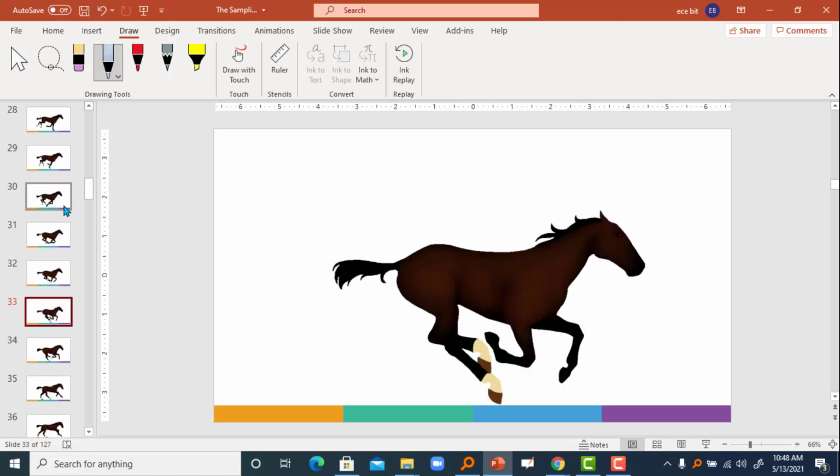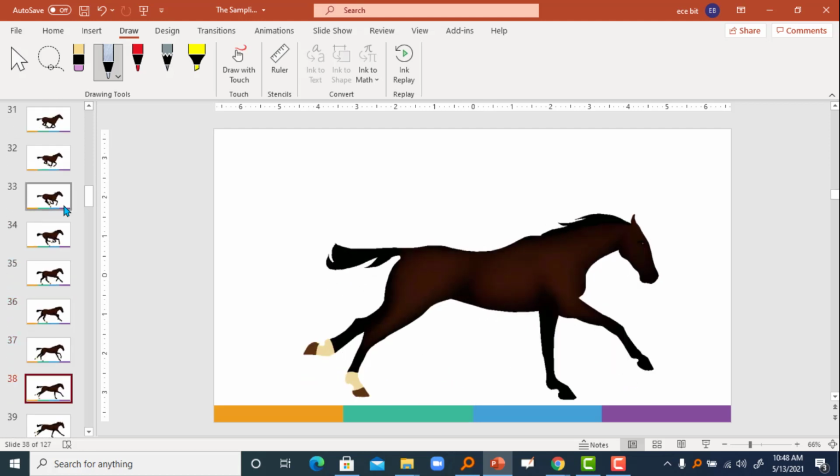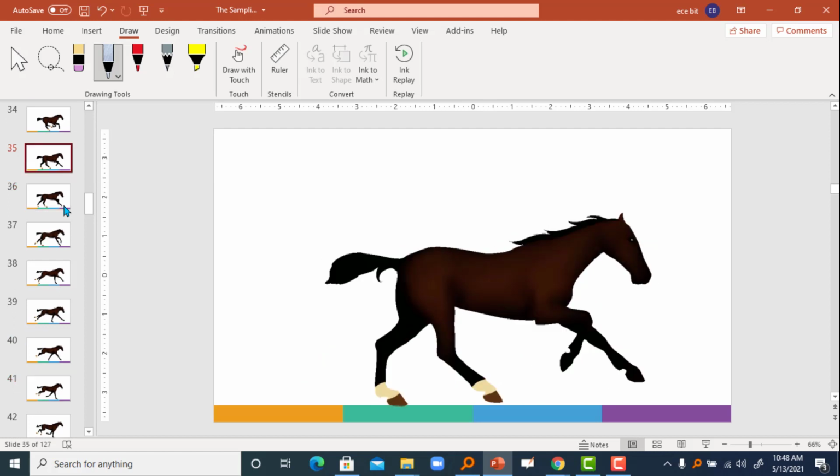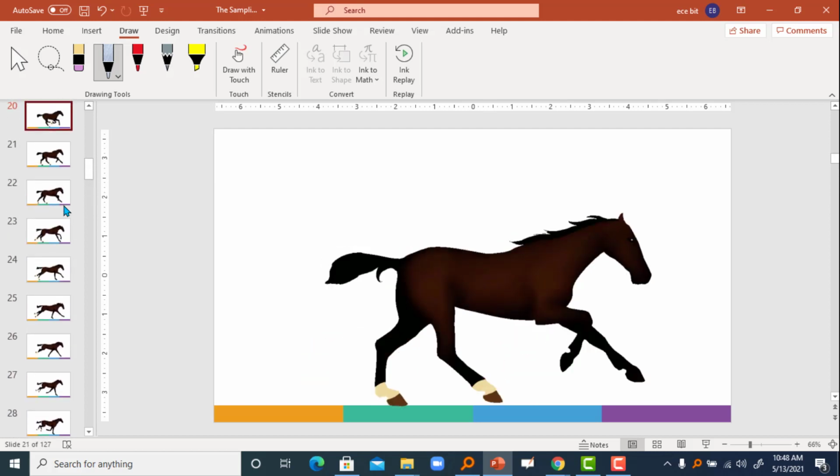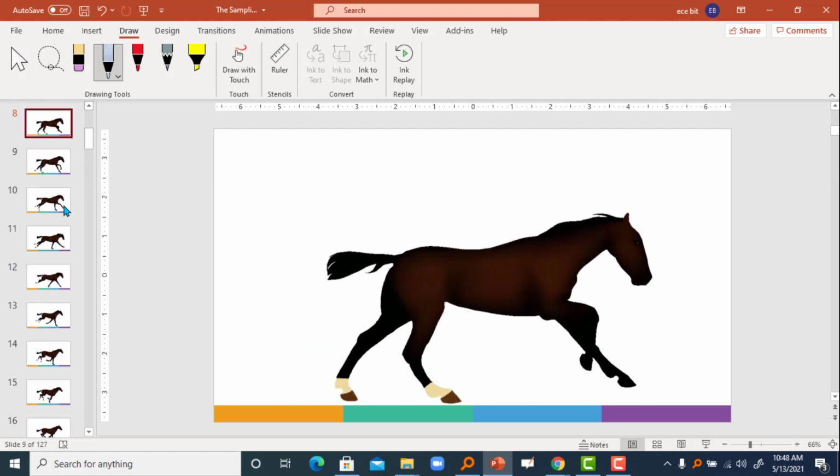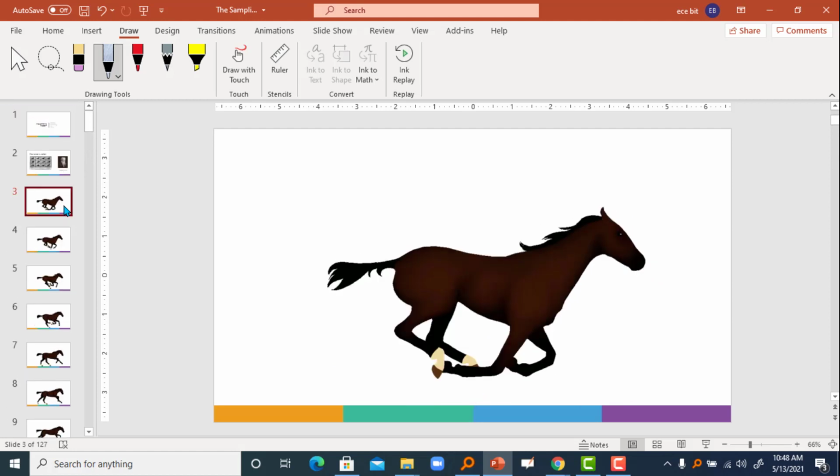So I am going to demonstrate that using these pictures I will be able to get a feeling that the horse is running. I am going to move these slides very fast so you can observe that the horse is running.